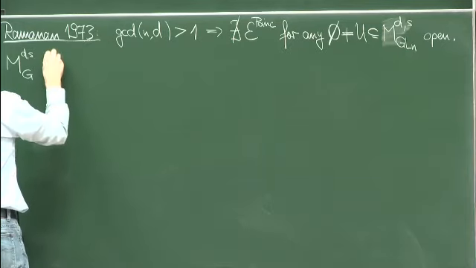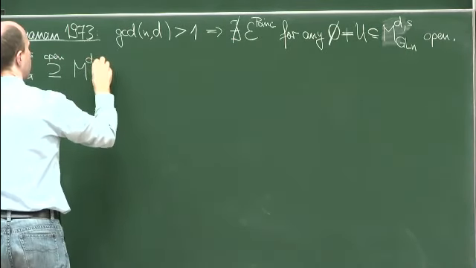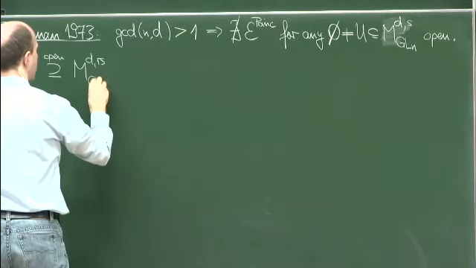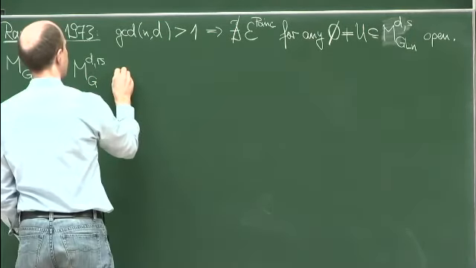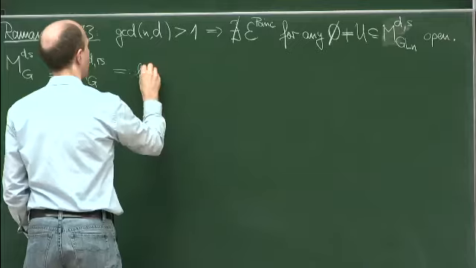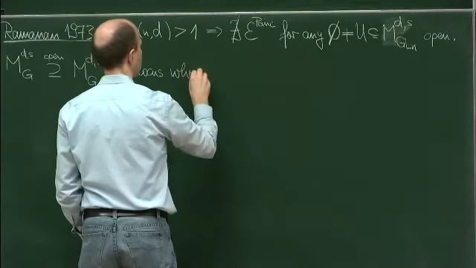So this is an open part in the moduli space of stable G bundles, and it is by definition the locus where the automorphism group is minimal.